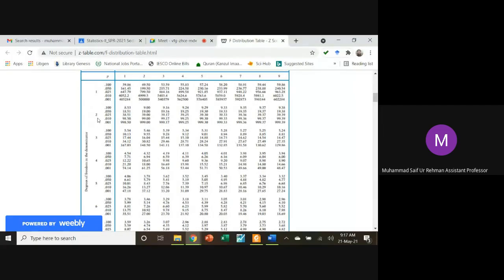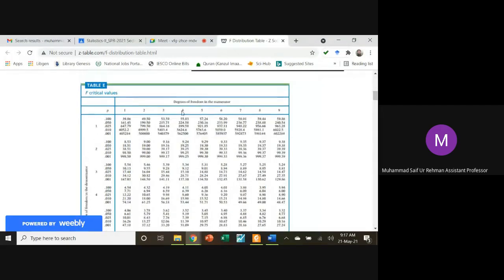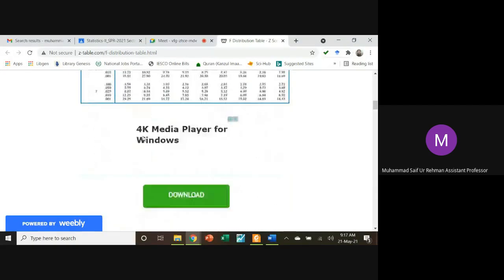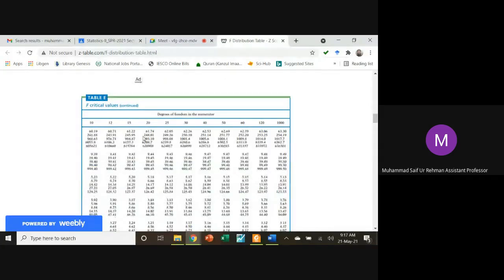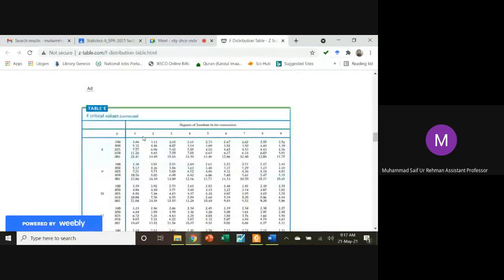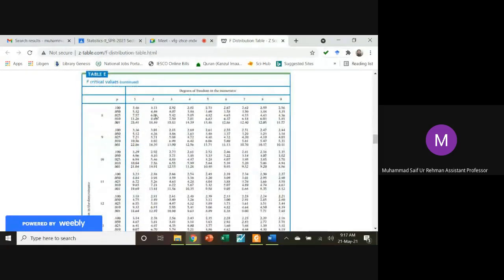The degree of freedom for the numerator is 2, and for the denominator it is 9. So this is the relevant table, and here you have to see the level of significance, that is 0.05.